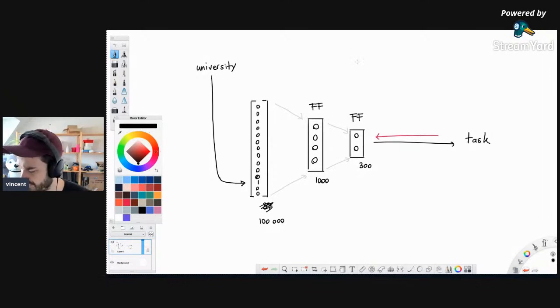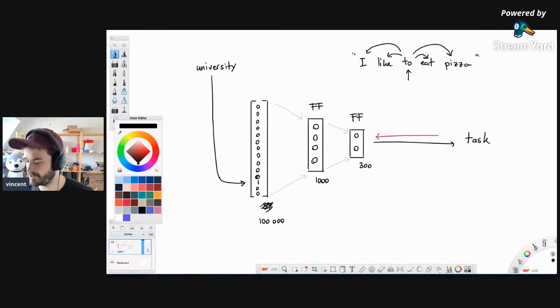So if I have a sentence that says, I like to eat pizza, and let's say that I'm interested in predicting the word embedding for this one, then you can say, well, in the context of the word to, I would be interested in predicting all the words that surround it. So I don't just want to predict the next token, I want to predict all the tokens that are around that one word. And you can have different labels, so to say.